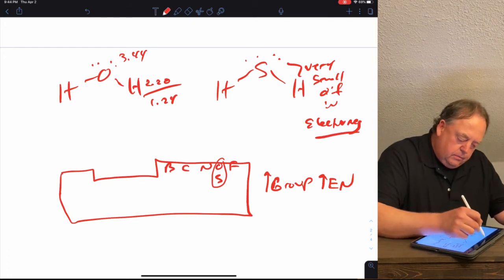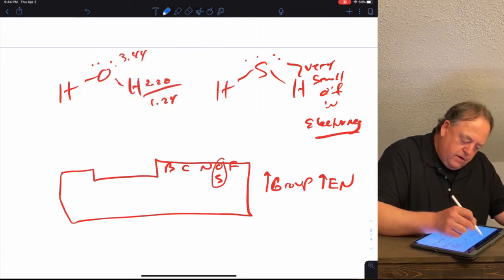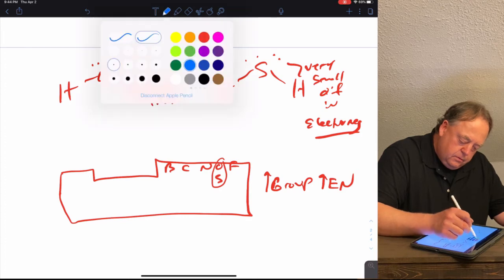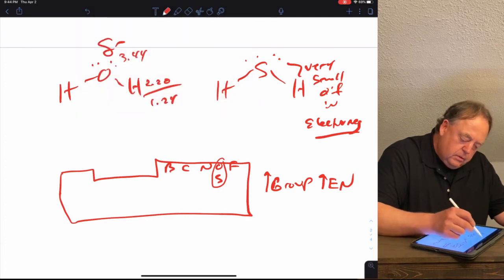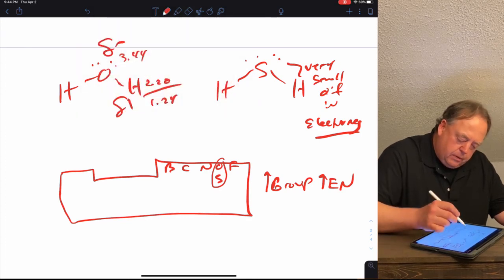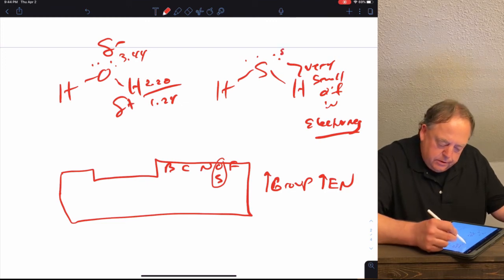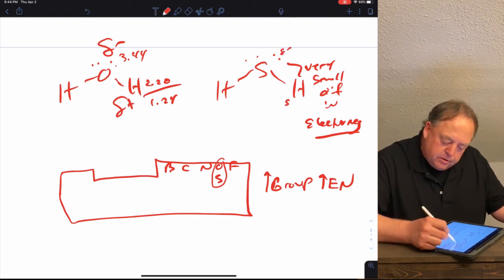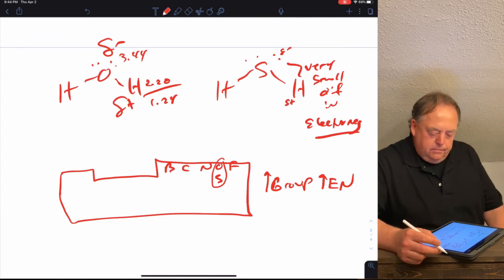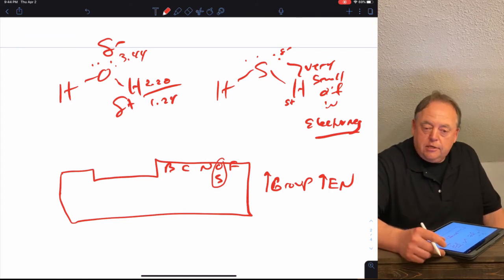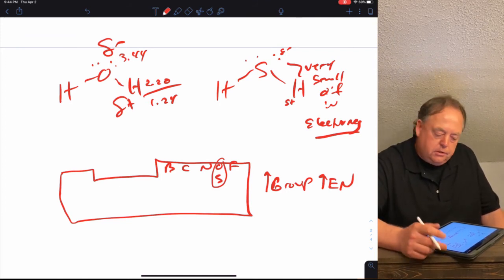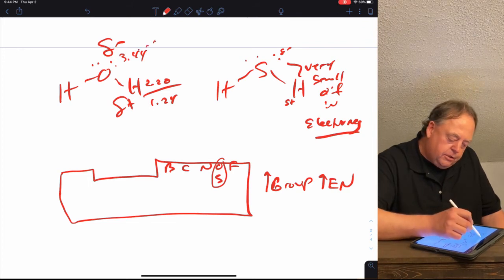So in this case, oxygen is very partial negative, and hydrogen is very partial positive, whereas for sulfur, it's a very small partial negative and very small partial positive. So which two molecules would be more attracted to each other, H2O or H2S? Of course, it's going to be H2O.